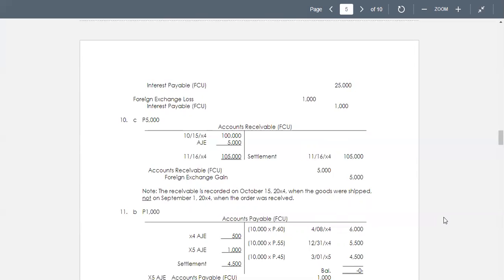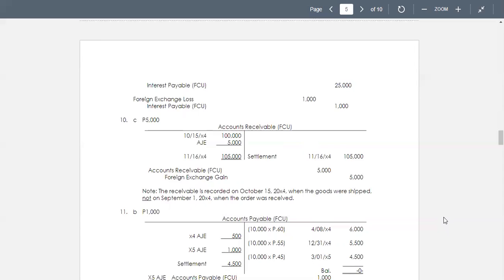We have adjusting entries to bring the balance of the accounts payable equal to the liability for accounts payable after adjustments. So for number 11, first, we have to recognize the credit on April 8 for 10,000 multiplied by 0.60.